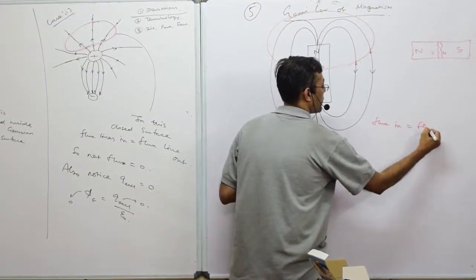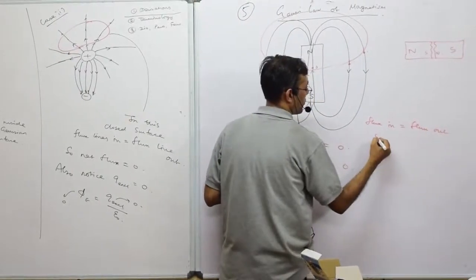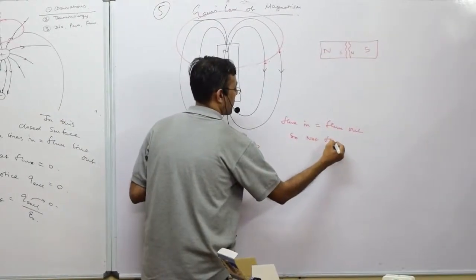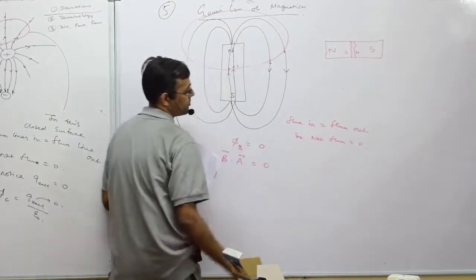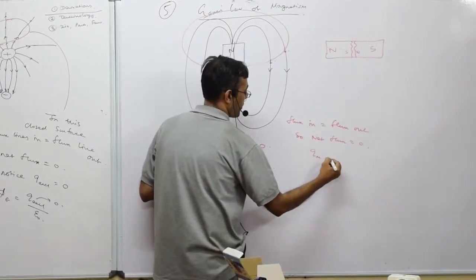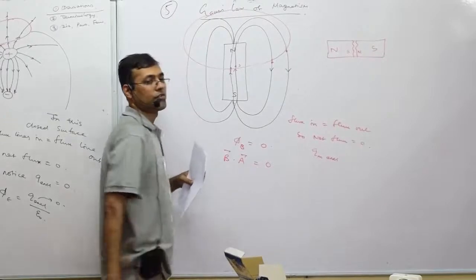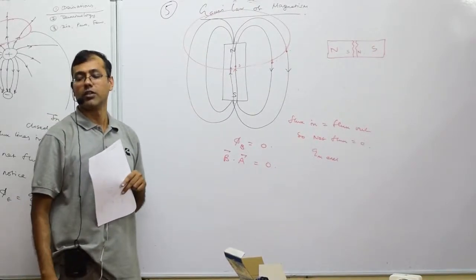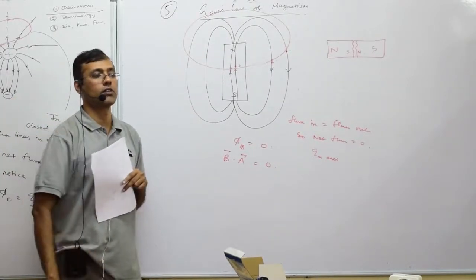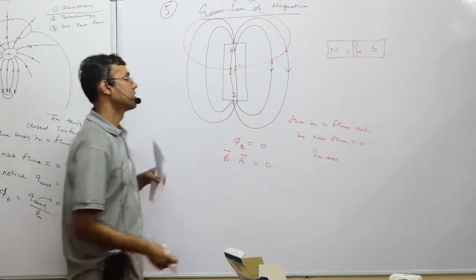So I am going to say flux in is equal to flux out. So net flux is equal to 0. Qm enclosed. So Qm stands for magnetic charge. Okay, so that is electric charge. Here we call it as magnetic charge or the pole strength Qm.